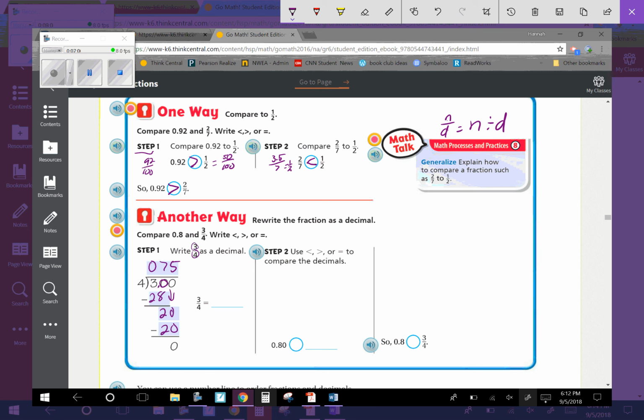So there's 0 remaining. Do not forget what I just forgot, to bring that decimal up. So it needs to be in line here. Okay, so 3/4 equals 75 hundredths. Now we can compare: 80 hundredths is greater than 75 hundredths. So 8/10 is greater than 3/4.